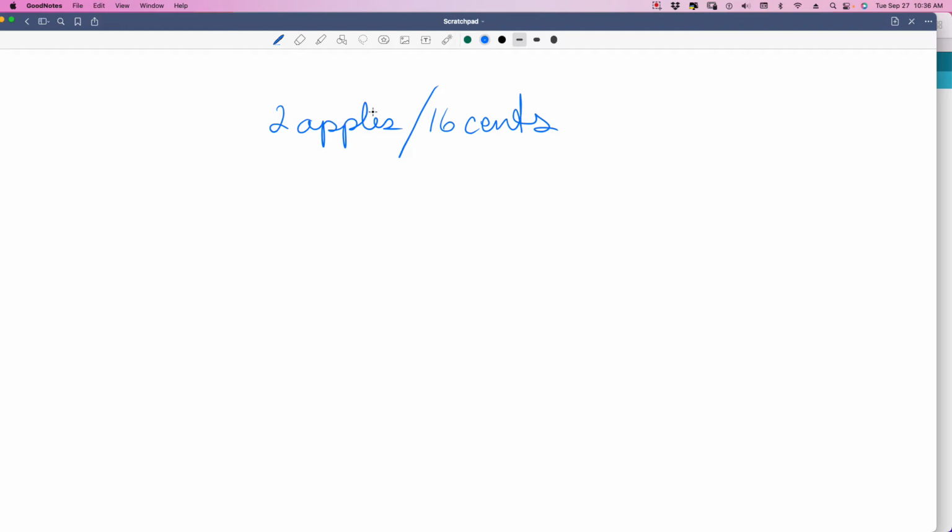It means 2 apples are this. We write this ratio like this, 2 over 16. Okay? 2 for 16. So this fraction is a ratio that shows the relationship between the number of apples you can get for this amount of money.